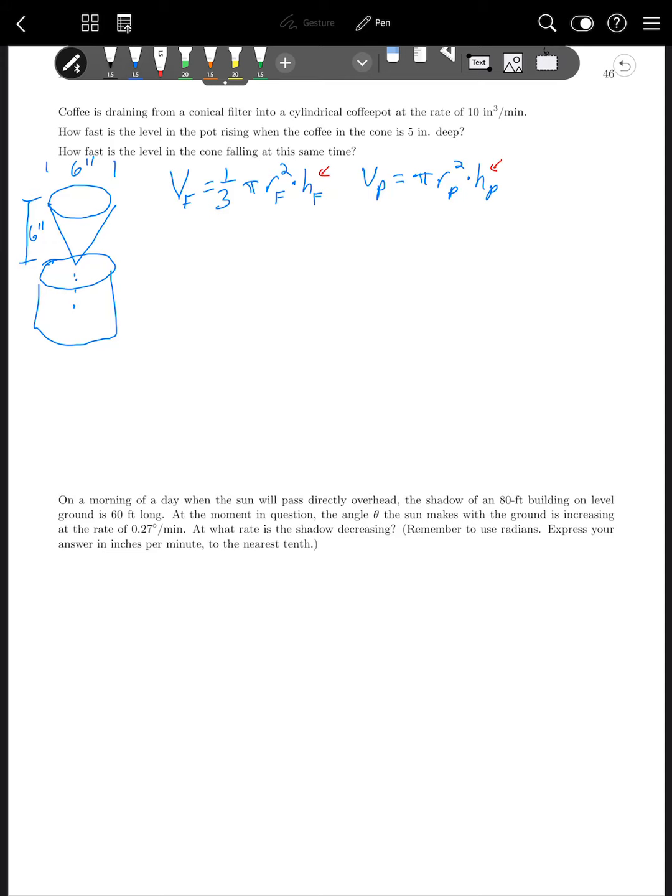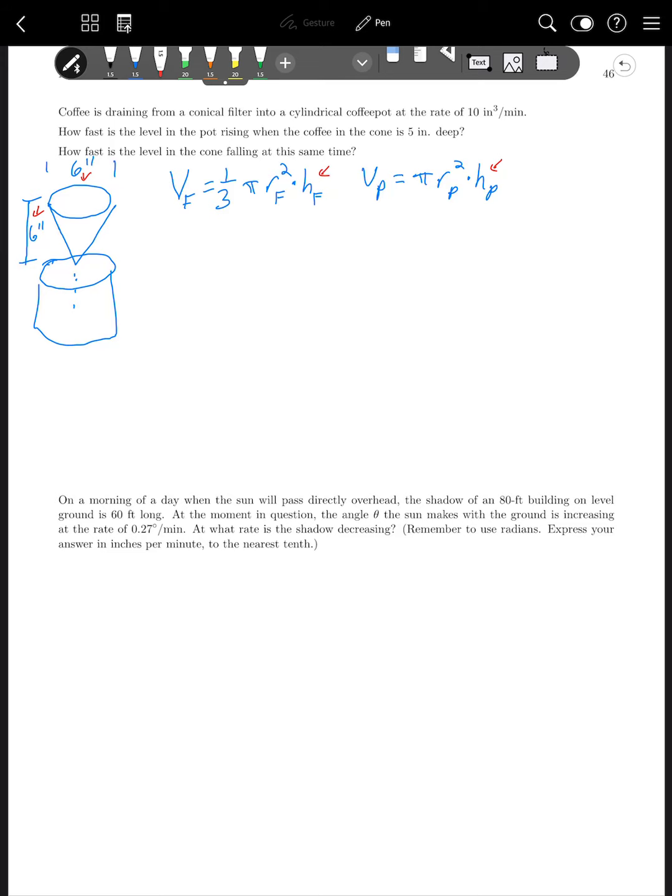Okay, so those are our formulas. Now we need to get rid of some variables and make some things simpler in this problem. The first thing to notice is the height and the diameter of the cone are the same.